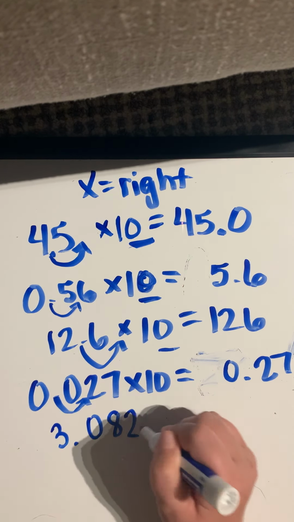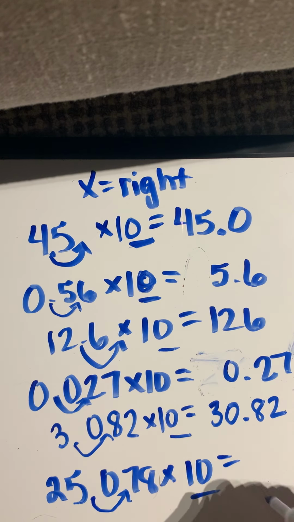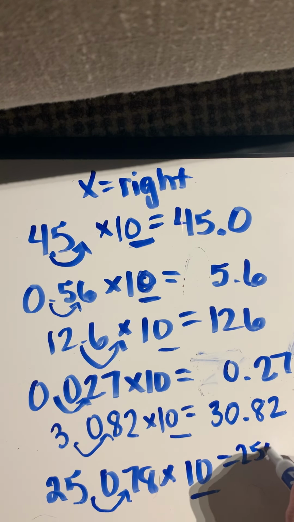And then our last problem is 25.078 times 10. Again, I have 1 zero in my 10, so I'm going to move it one time, and you should have ended up with 250.78. Okay?